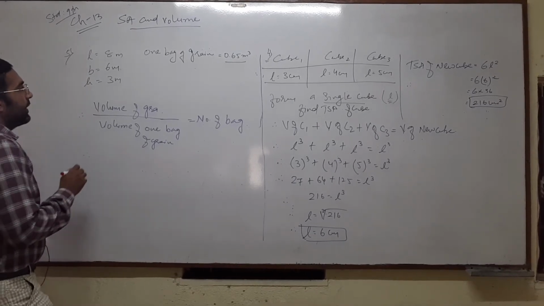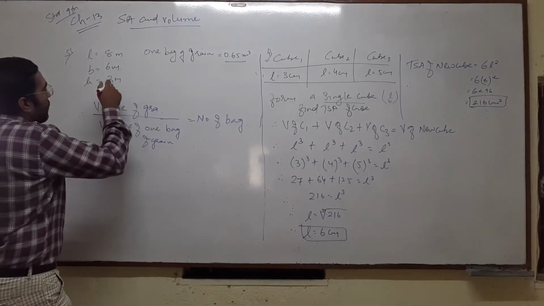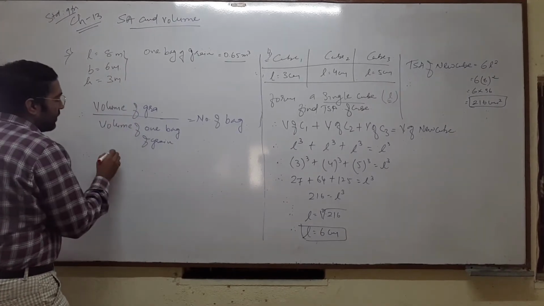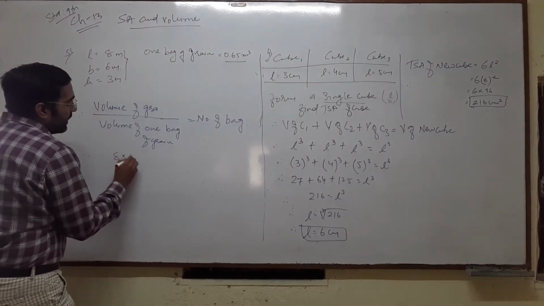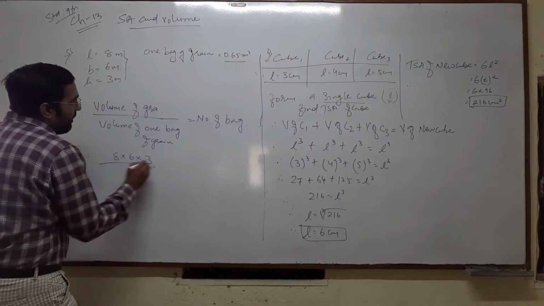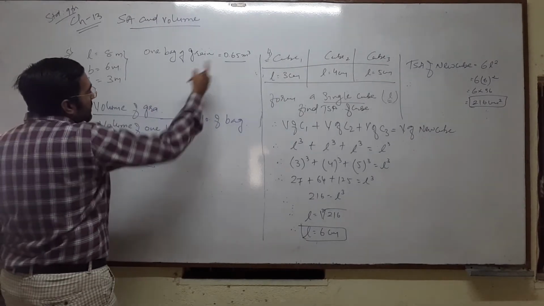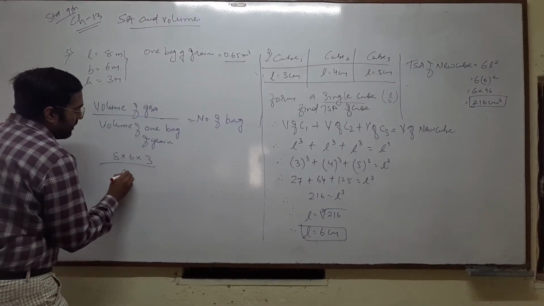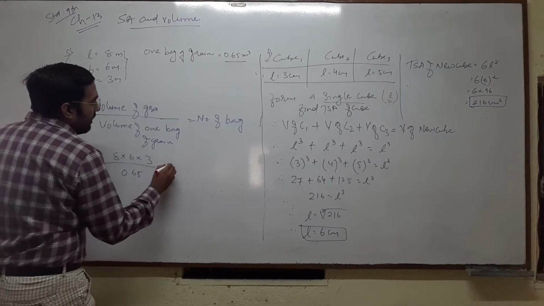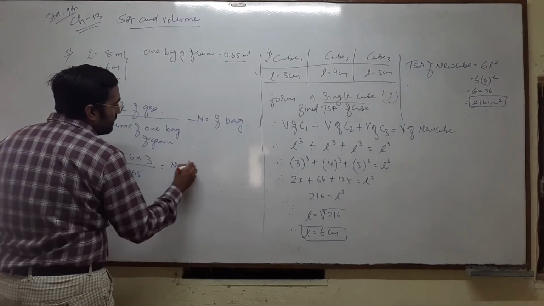So volume of granary, that is L into B into H, that is cuboid. Therefore 8 into 6 into 3 divided by volume of one bag of grain, that is 0.65, is equal to number of bags.